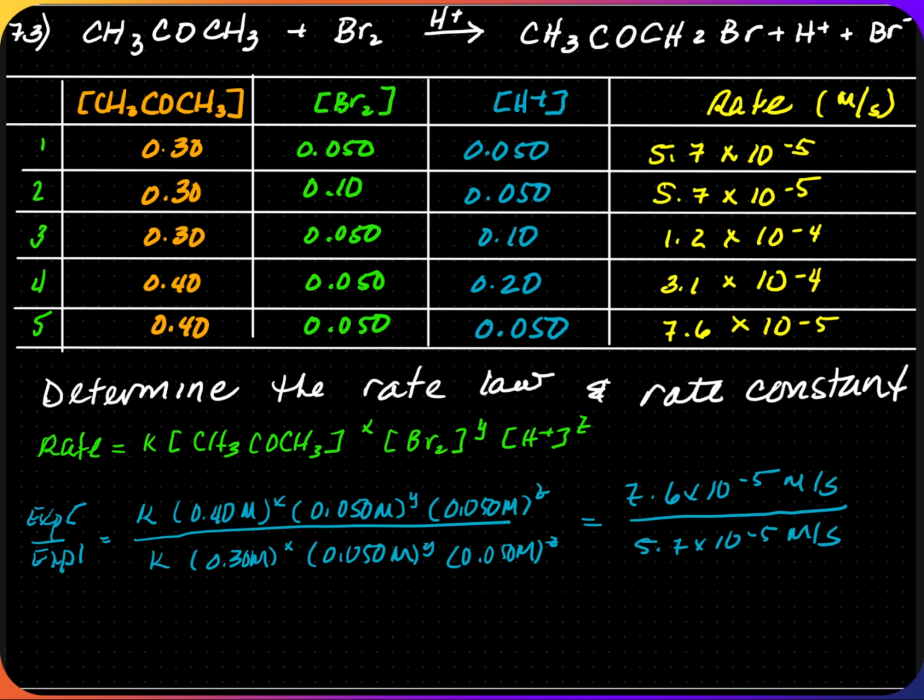Now I'm going to reduce as much as possible. Br2 cancels out, and so does the H plus. The K's will also cancel out. So if I simplify this, this becomes 1.33 to the X power equals 1.33. So X is equal to 1.